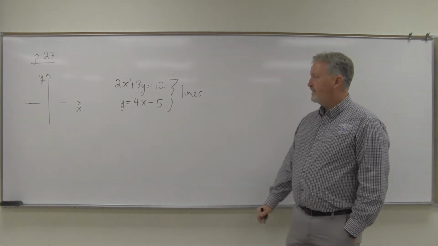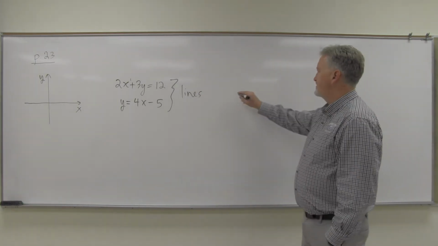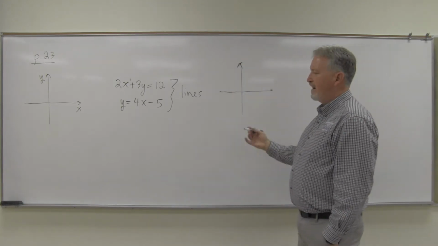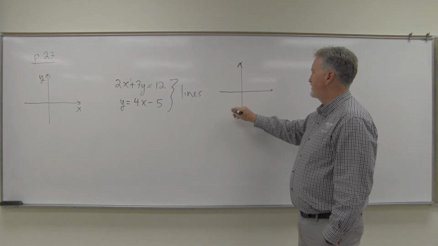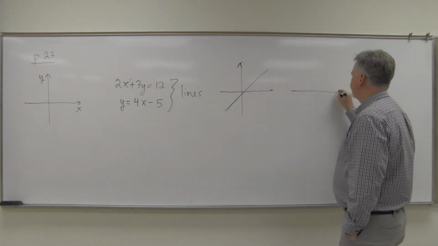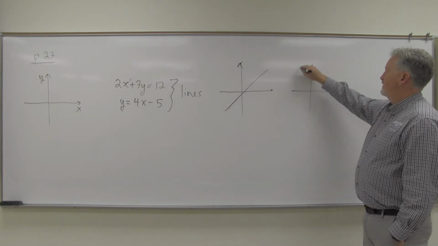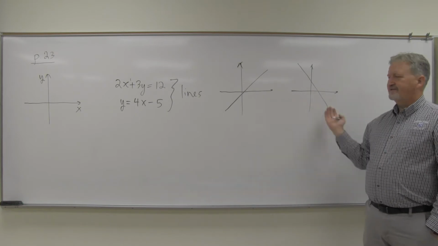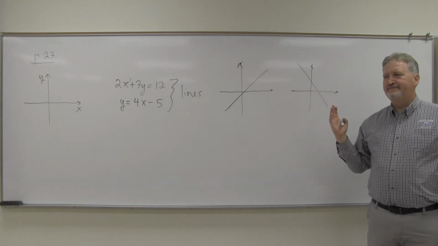But anyway, one of the things about lines is, okay, we graph a line, get 2 points on the line. Graph another line, comes in like that. Well, obviously, they're slanted differently, right?